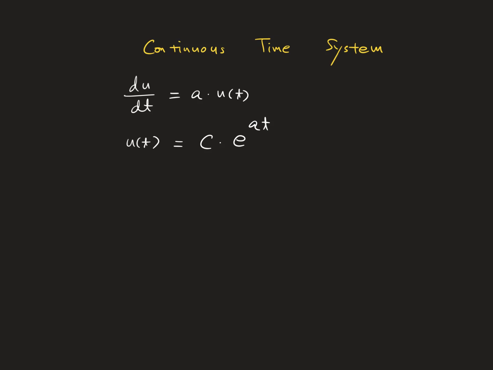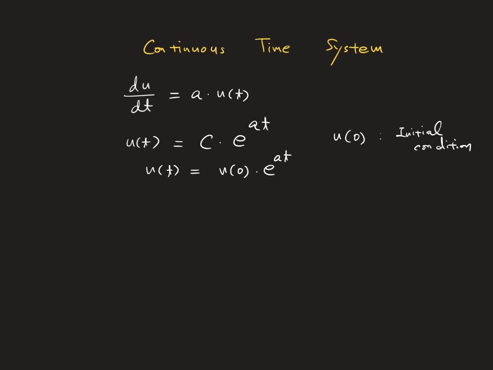And so given u_0, the initial condition, u of t will be u_0 times e to the at.